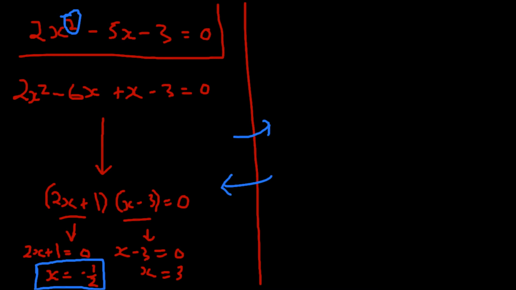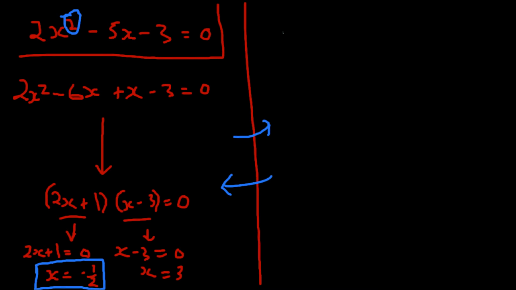But if it's not, say in larger numbers, say you had 5x squared minus 14x plus 3 or something like that, then it's going to take a long time to figure out how to split the term. And that's if you can split the middle term at all. In some cases you can't even do that. So for those cases, unless you're sure you can split the middle term, I suggest use the formula.